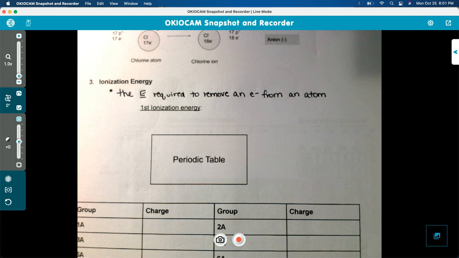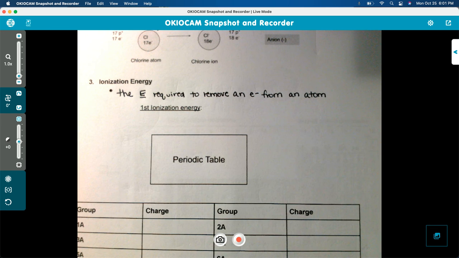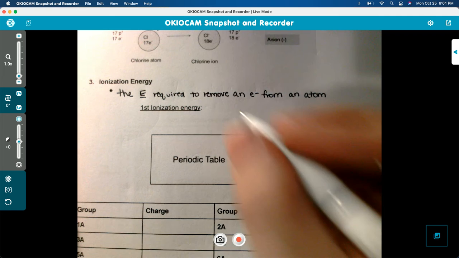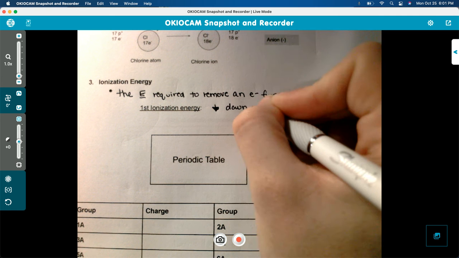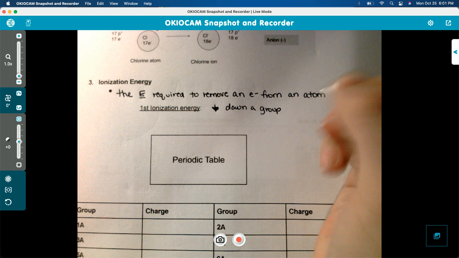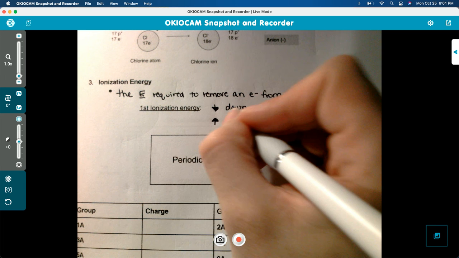The energy required to remove an electron from an atom. And we have this thing called the first ionization energy. First ionization energy is basically how much energy it takes to remove the very first electron off of an atom. So typically it decreases from top to bottom. It decreases down a group and it increases across a period.